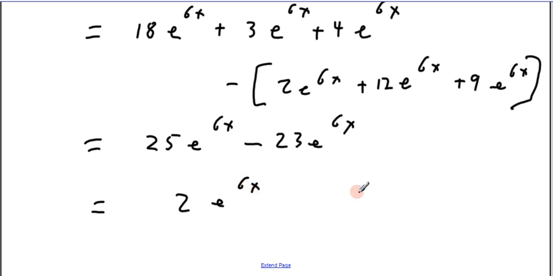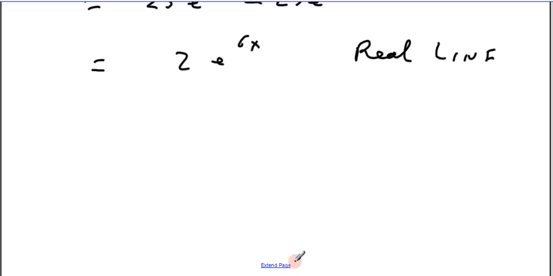Now, on the real line, is 2e to the 6x ever equal to 0? Ever not, is it ever equal to 0? And the answer is no, it isn't, because it's something that looks like this.